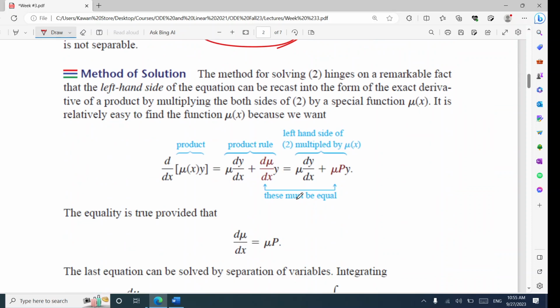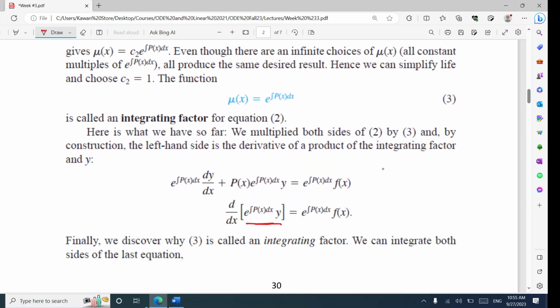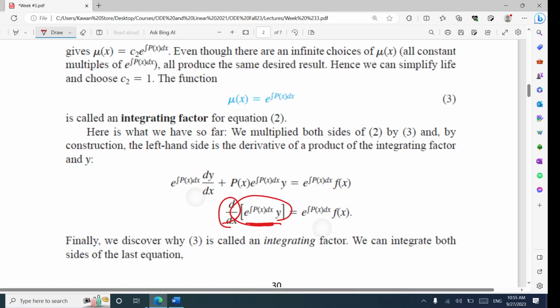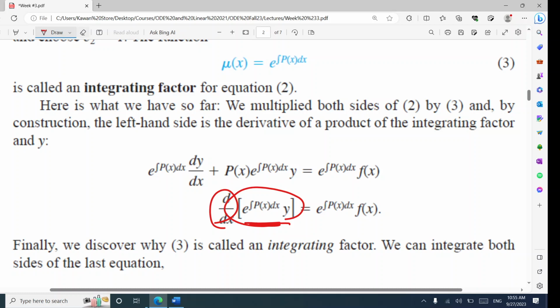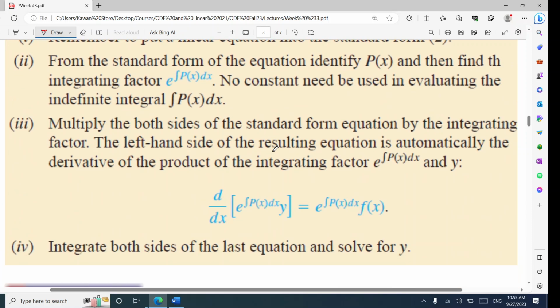Now, let me go to the example and do not forget about this part as well. See what's going on here. We multiply both sides by the integrating factor, multiplied by y. Maybe as a rule it is hard, but as an application it is very easy.